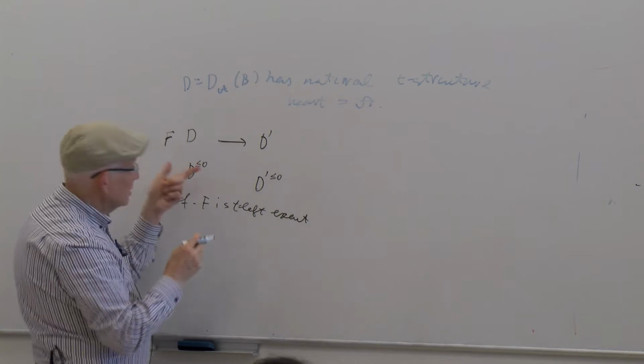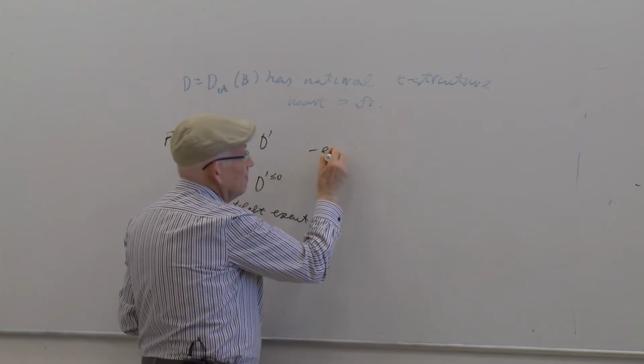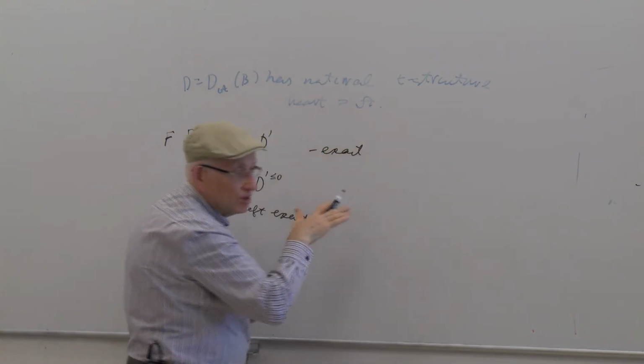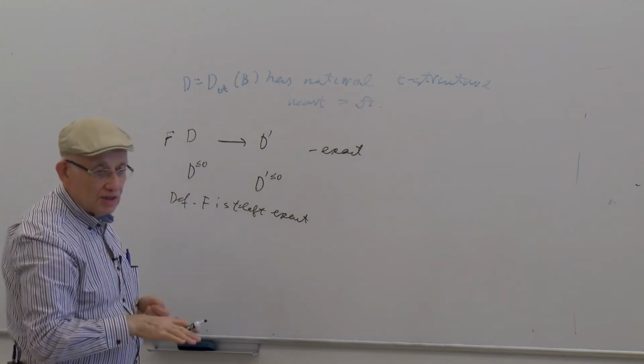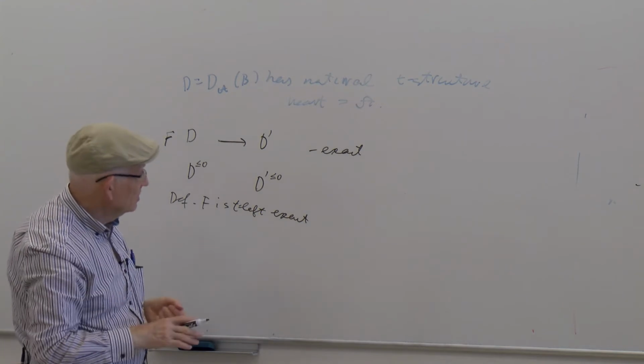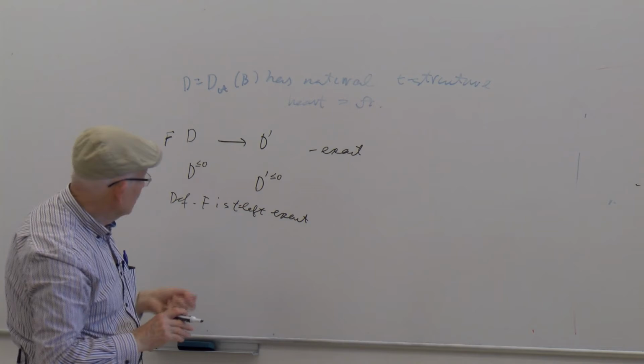So the functor F, you assume that it's exact. It means that it maps exact triangles into exact triangles. So most of the functors which we consider are of this type.